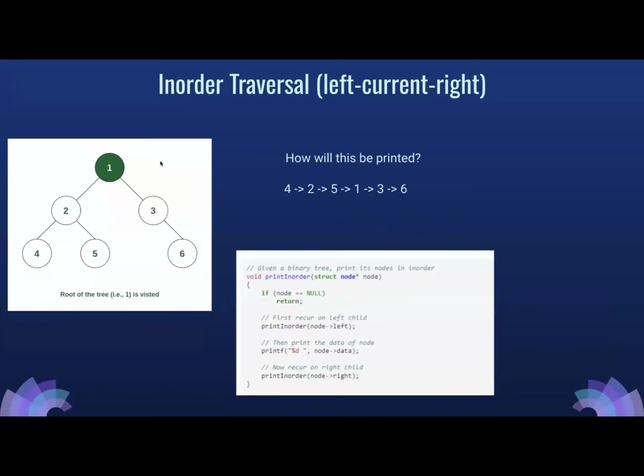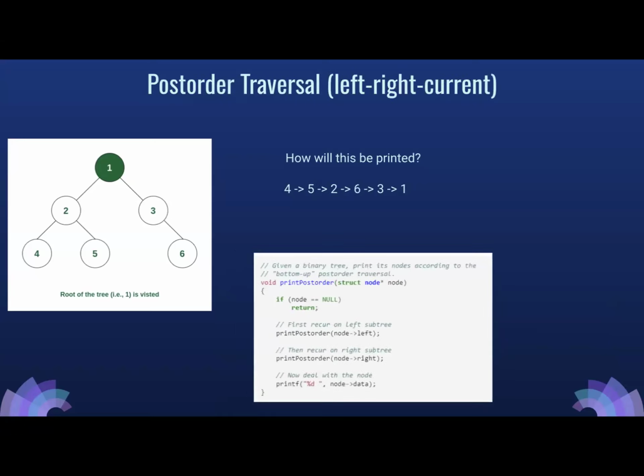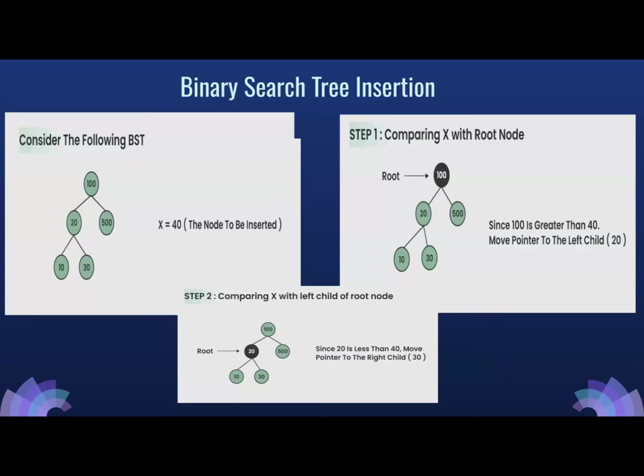And then if we go with in-order, you'll start from the leftmost node, 4, and then you'll continue up, traverse left, print, and then go right. And then post-order, same thing, except you're going to start 4, 5, 2, 6, 3, 1. Again, it seems like everybody knows this, so I'm just going to move on.